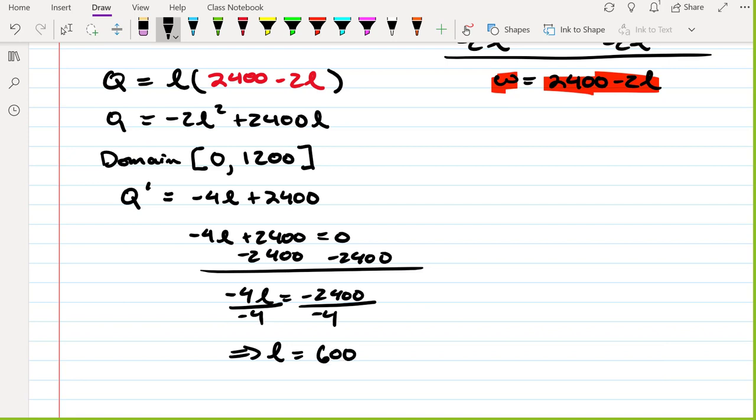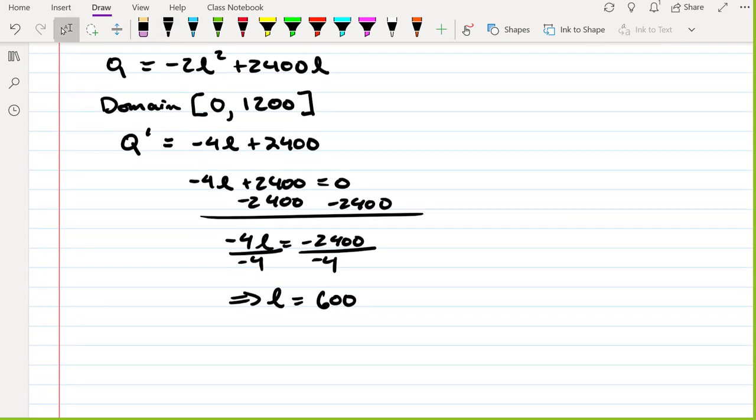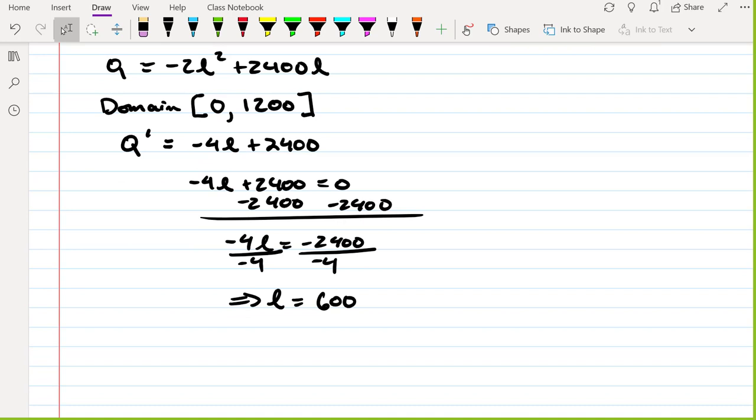So that gives us our critical number, and then we need to determine if it's a max or a min. We can either use the first derivative test or the second derivative test. The second derivative test is definitely easier this time, because what's Q double prime going to be? The derivative of negative 4L is just negative 4, and the derivative of a constant is 0.